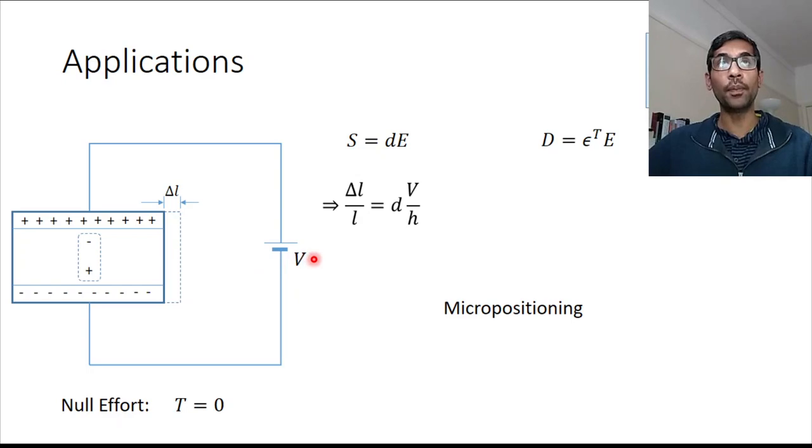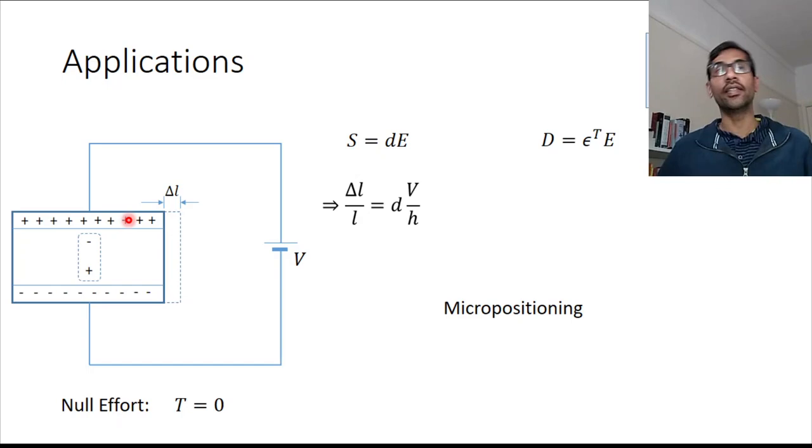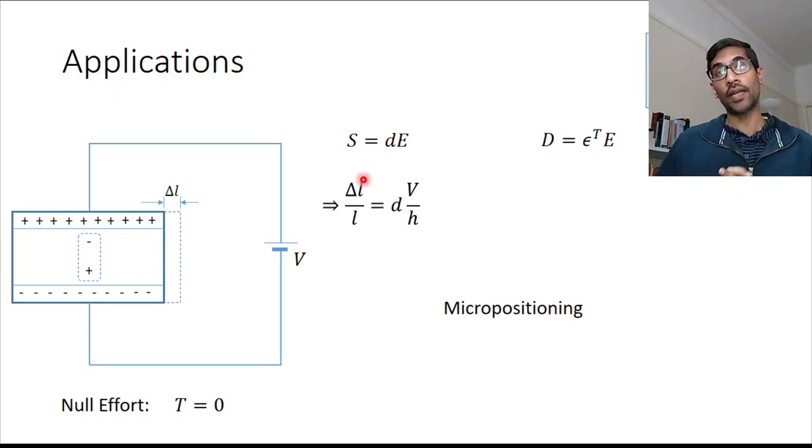To be more precise, it's going to be V divided by H, where H is the height or how wide the solid material is. So what is strain given by? It's given by delta L by L, and as I said, electric field is given by V by H. So we get a strain that is proportional to the voltage that we apply.